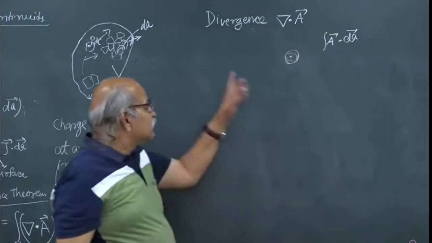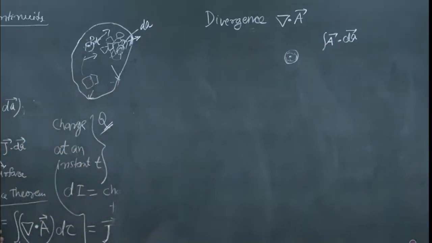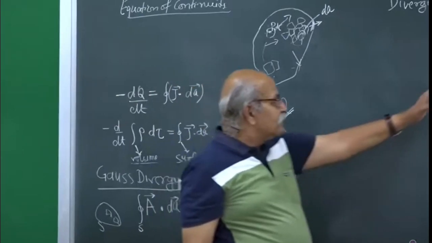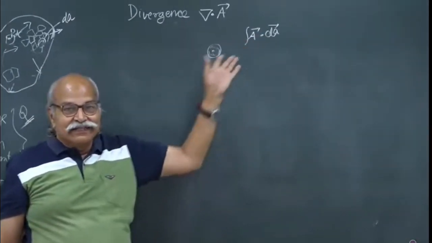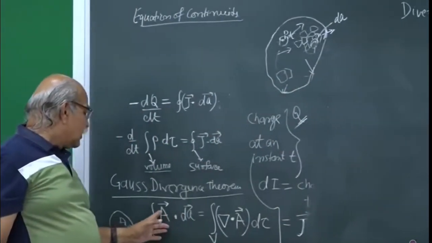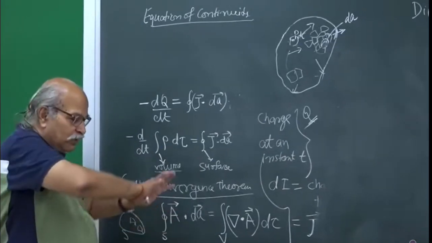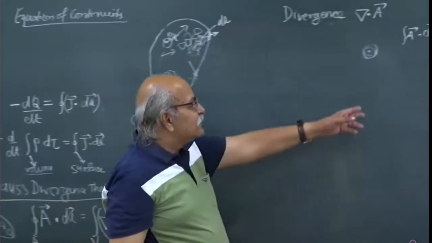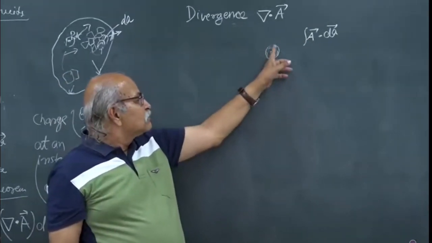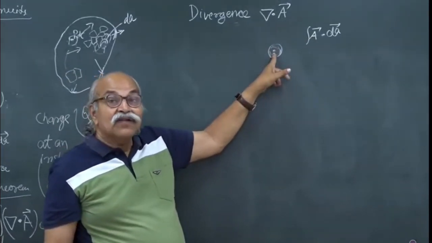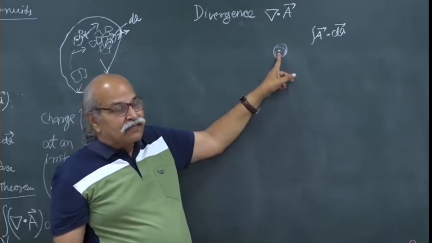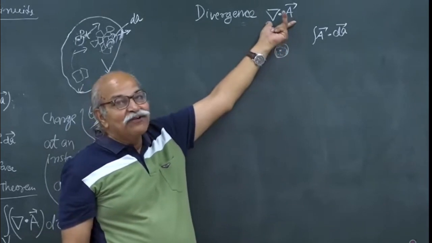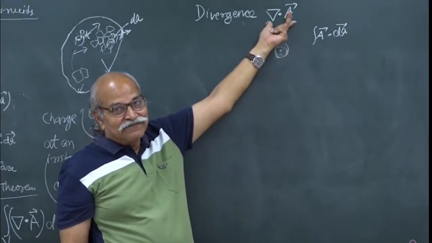The only difference between this A dot dA and the earlier one is that the earlier is over a much bigger closed surface, and this is a small closed surface constructed by me around a point where I want the value of divergence of A.